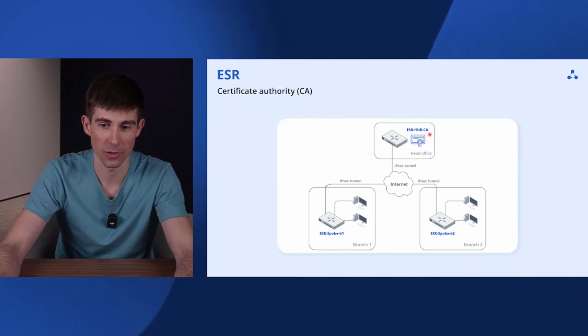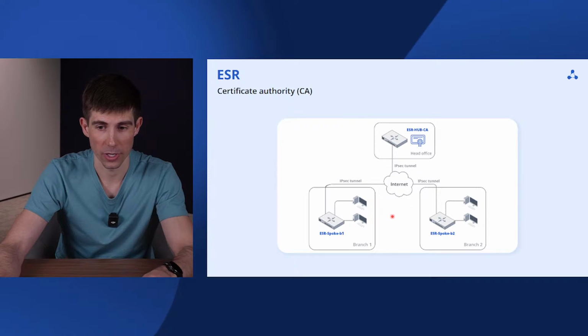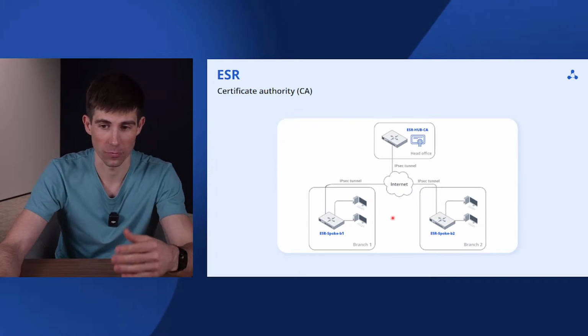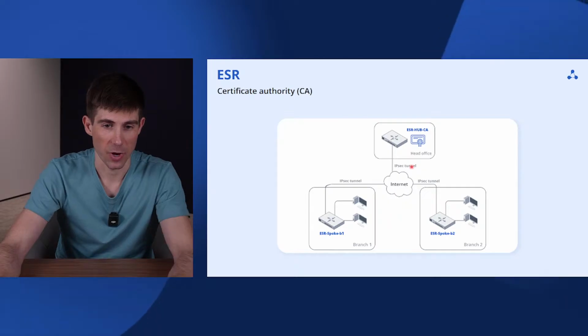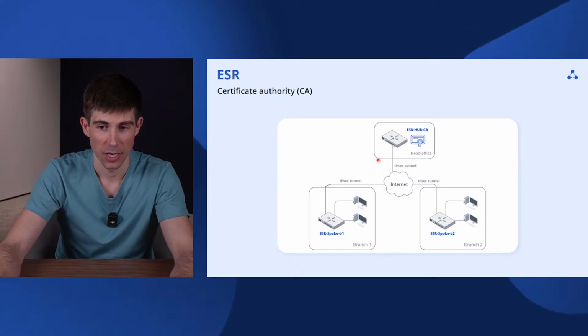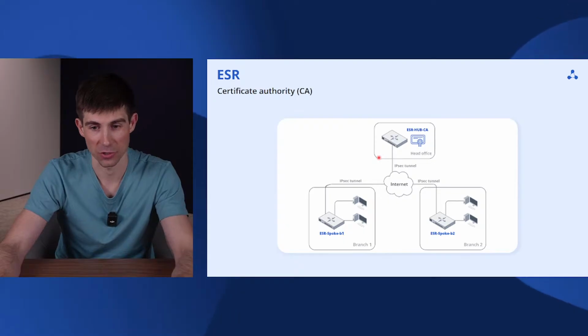And in this case, when a spoke generates a key pair of public and private keys, it may request the head office ESR acting as certificate authority to verify its identity and issue a signed certificate.